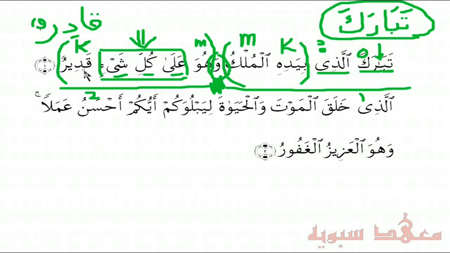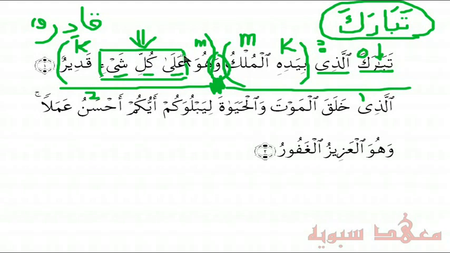But when you use qadir, which is a sigha mubalagha, it emphasizes, it gives emphasized meaning. Qadir, all powerful. So qadirun means he has power, but qadir would mean all powerful.